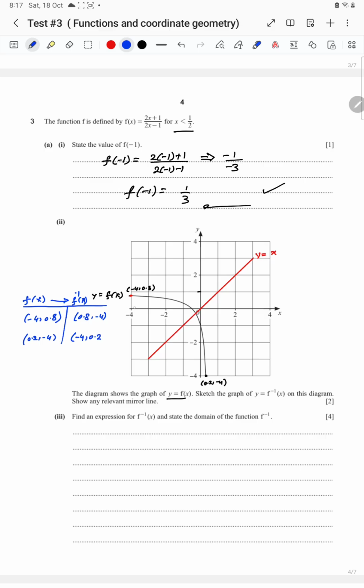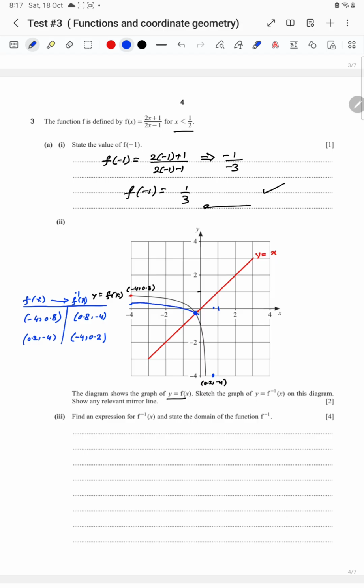Okay, first one is 0.8. Suppose this is 1, 0 point is here, it comes here, and minus 4. Okay, fine. 1 point is this, the other is minus 4 and 0.2, this, and definitely it must keep this intersecting point.